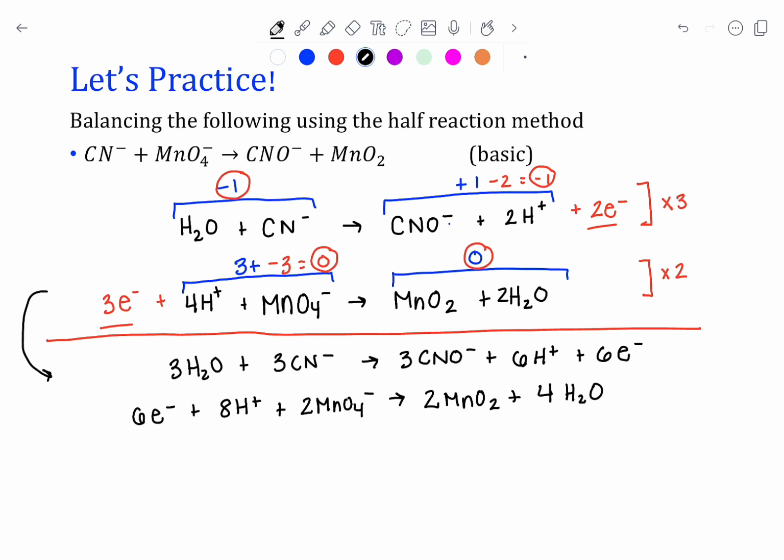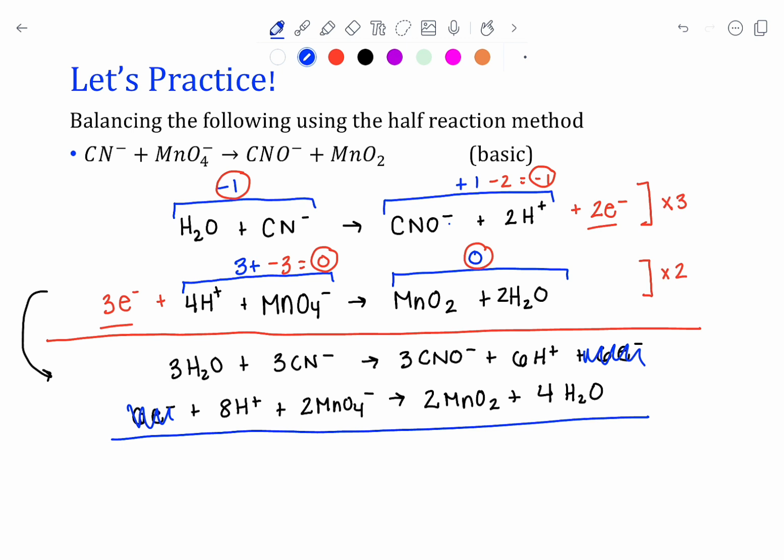Okay, so we multiplied those two equations so that our number of electrons are the same. So we can see that these electrons are going to end up canceling with each other. And our next step is to then add up our two equations and simplify them by cancellation.